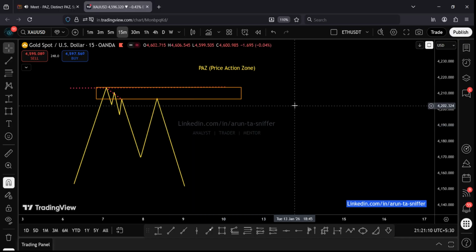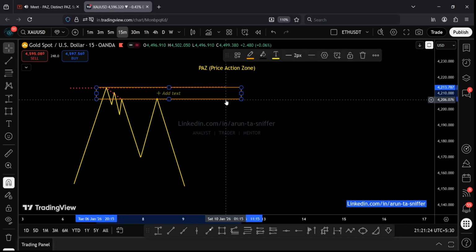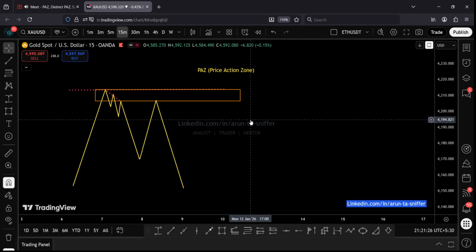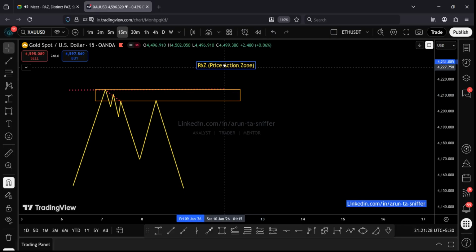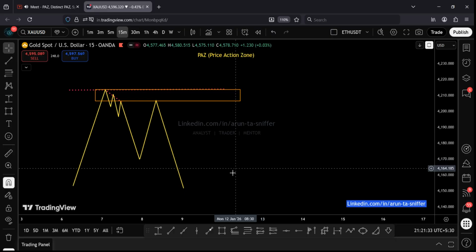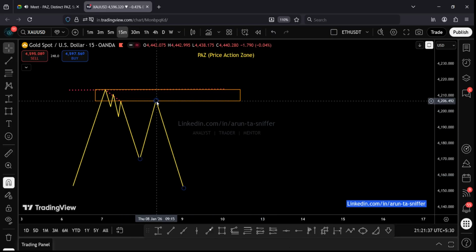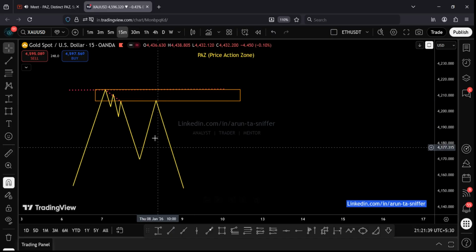And what is the relationship between symmetry and distinct price action zone? So let's discuss this. Assume price goes up, comes down.